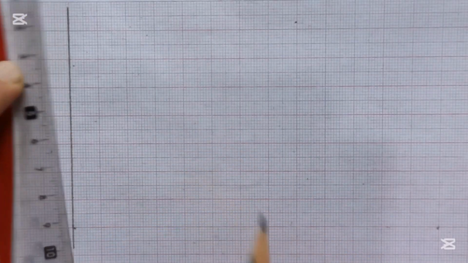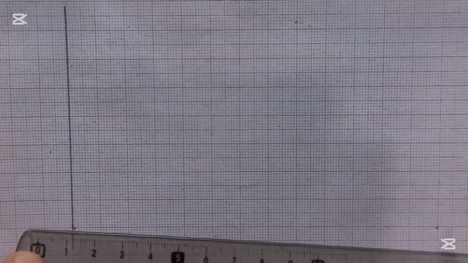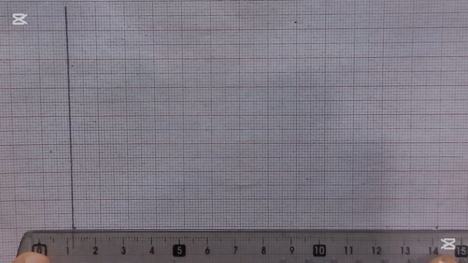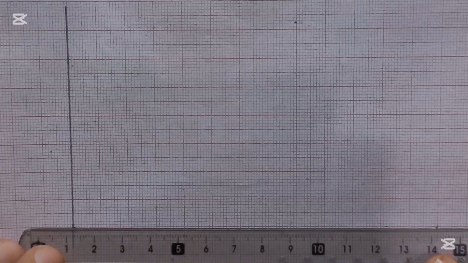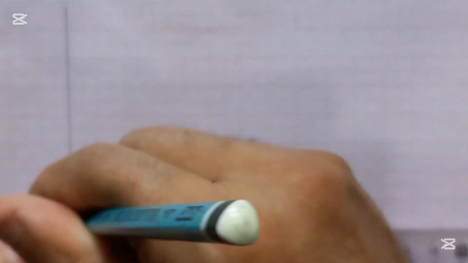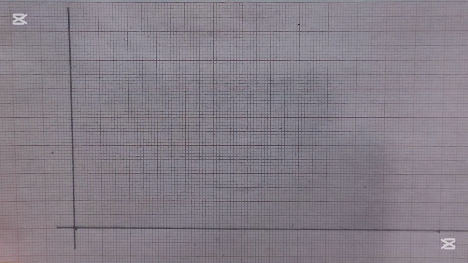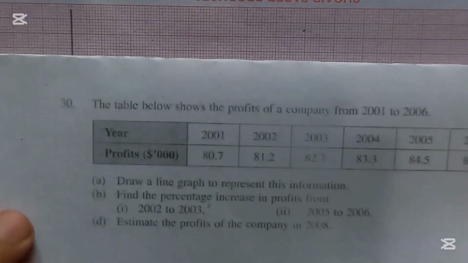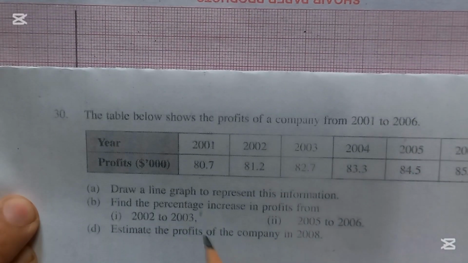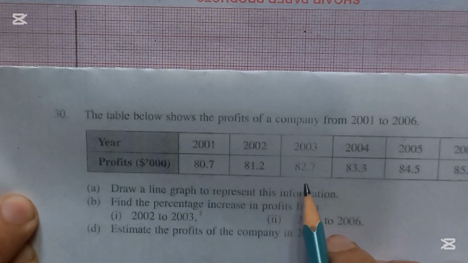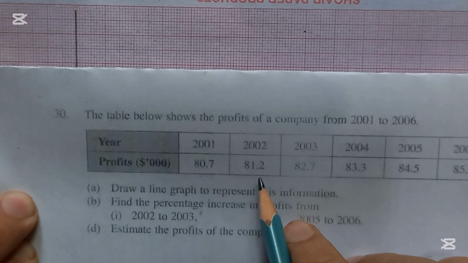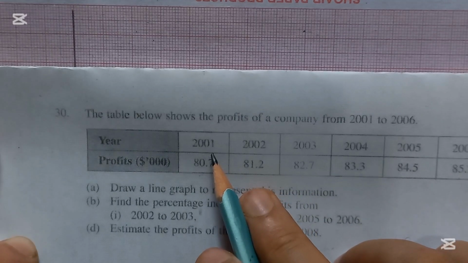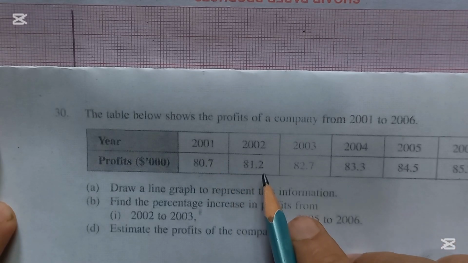So this is the vertical line, and here is the horizontal line. Profits are starting from the minimum value, 81.2 is the minimum, and years are starting from 2001.